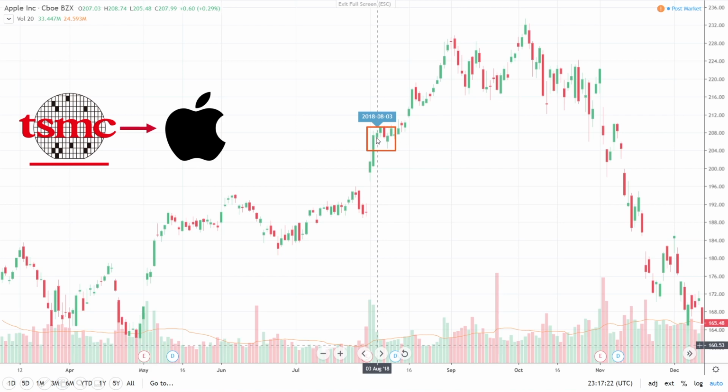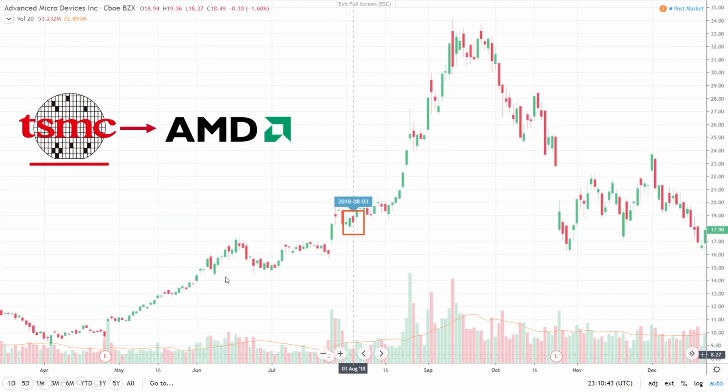Well, as far as I remember, it was Monday. This is Apple. You will see the uptrend here. However, there is a red candle here. AMD, you will see the uptrend. However, there is a small candle here. Probably it's a coincidence or not, but by common sense, the news were mentioning Apple and AMD that day.